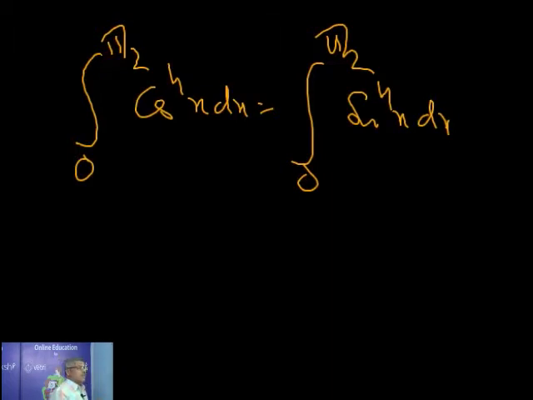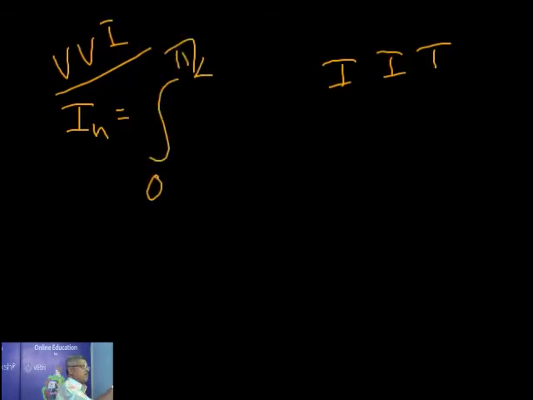Now, for facing IIT competitive examinations, we must derive the reduction formula for tan x power n, which is very, very important. I think we can stop with this. 0 to pi by 4. Here I am introducing the limit 0 to pi by 4. You can get the reason for it.